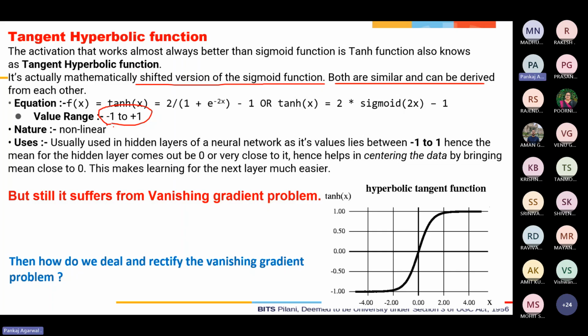Can anyone give me a scenario where I would like a bigger range in which my activation function can behave? Why would I need a bigger range where the output can be thrown?